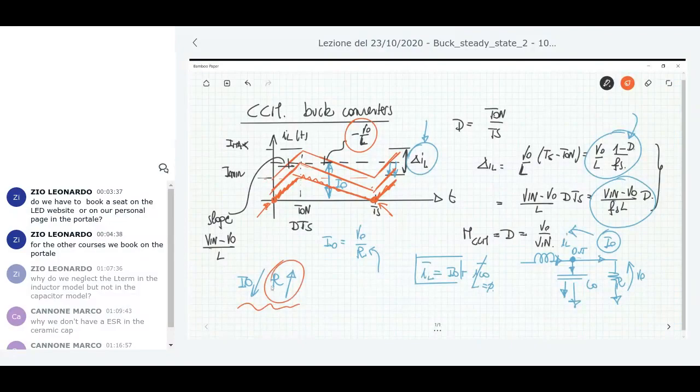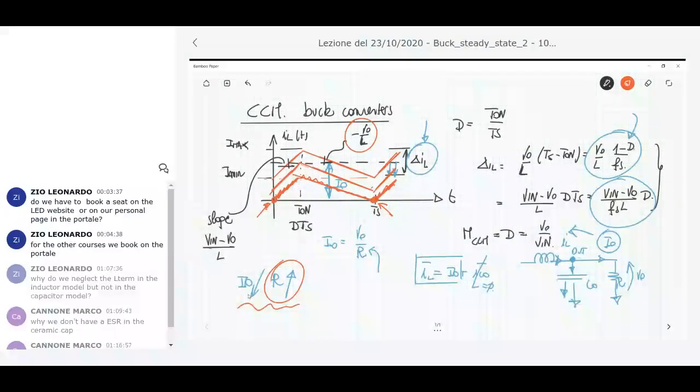So typically, as you can see here, you can get into discontinuous induction mode by increasing the resistance. Increasing the resistance is a situation that can happen, for example, when you disconnect the load. If you remove the load, you can have infinite impedance, if you want, and output current is zero. In that situation, you go immediately to discontinuous induction. Sometimes converters have to be designed to support situations in which you don't have any load connected at the output.